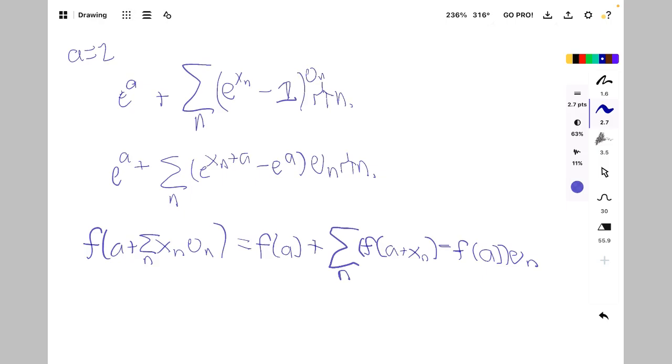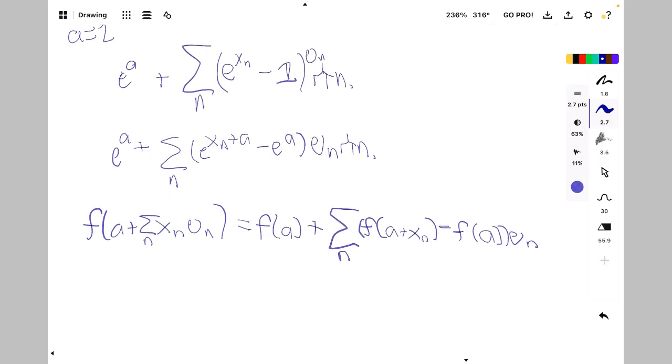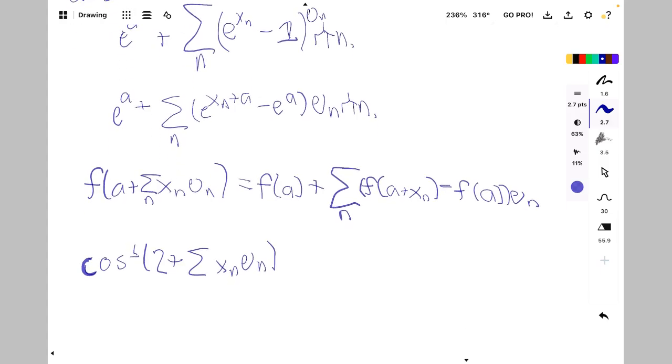And for the arc cosine example, that would have been arc cosine of 2 plus a big sum, of which, if I was paying attention to the fact that I was using arc cosine, I would have known that that wasn't the best function to use, because the arc cosine of 2 is not defined in the real numbers, only in the complex numbers.